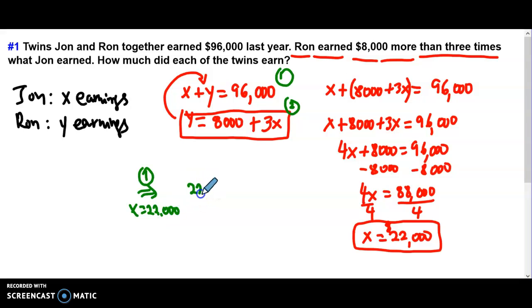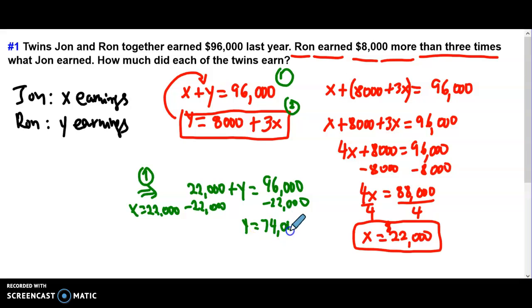So I have 22,000 plus something equals 96,000. If I want Y by itself, I have to subtract 22,000. And Y equals, if I subtract correctly, 74,000.